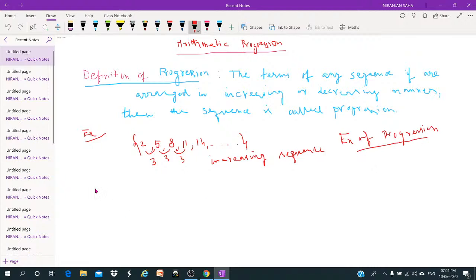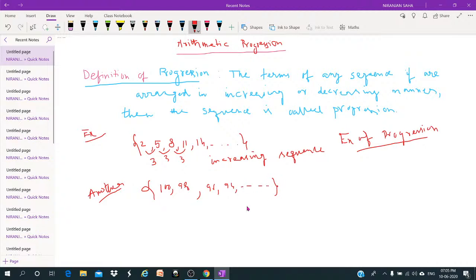Let's take another example. Like we can take 100, 98, 96, 94, and so on.